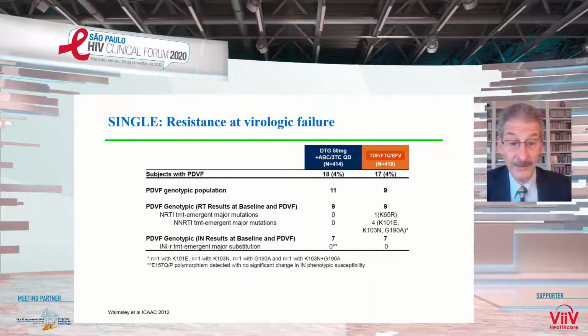Similarly, when dolutegravir was compared to efavirenz, we saw the expected incidence of resistance to either the nucleoside backbone or to the NNRTI in the efavirenz group, but there was no resistance to dolutegravir in the integrase inhibitor arm, nor was there any resistance to the backbone nucleoside regimen.